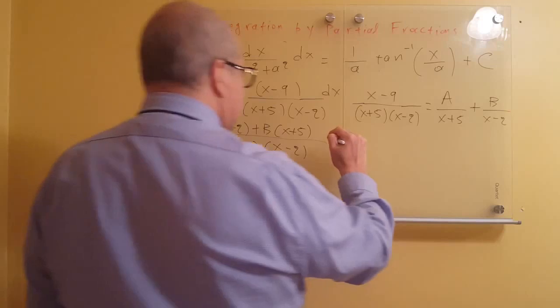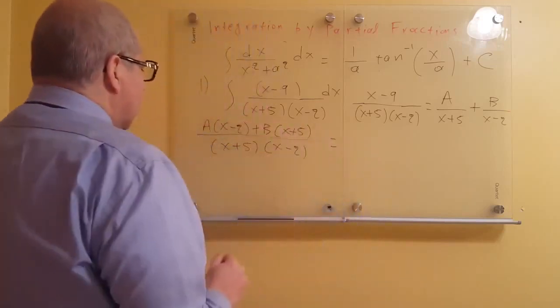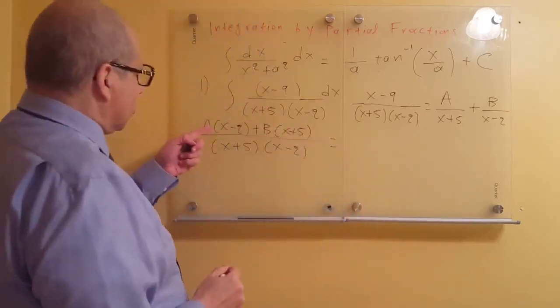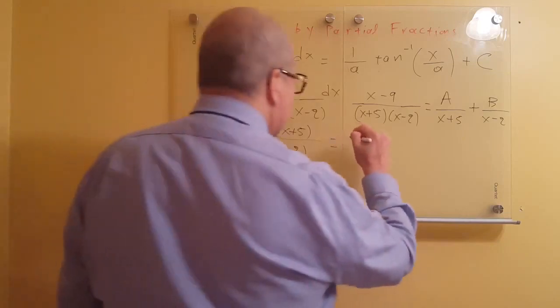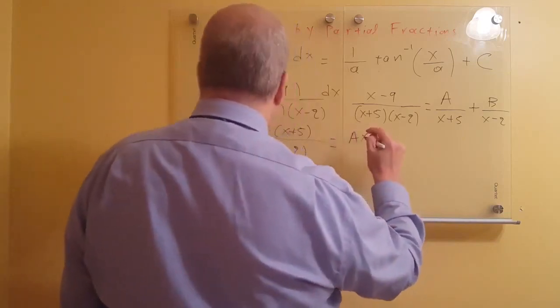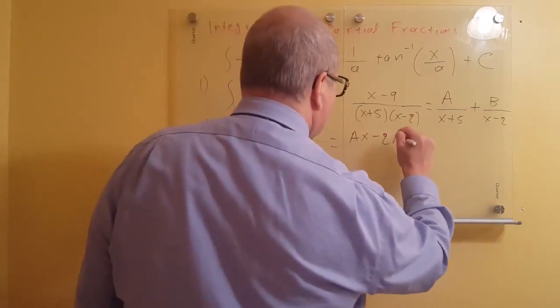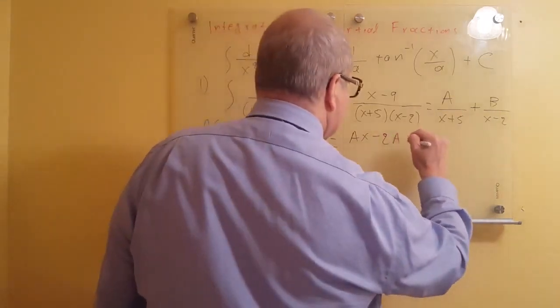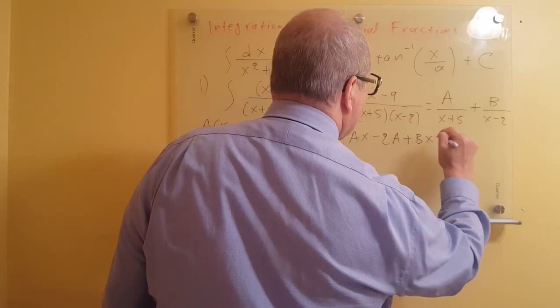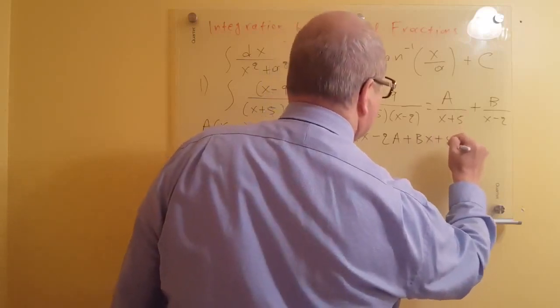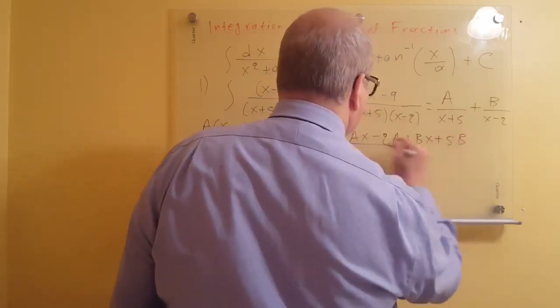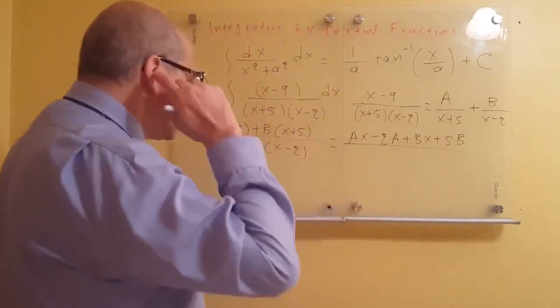Now you just have to do a little bit of calculation here. We have ax minus 2a plus bx plus 5b, and of course the denominator stays as it is.